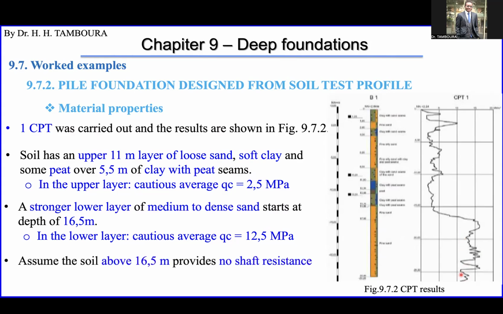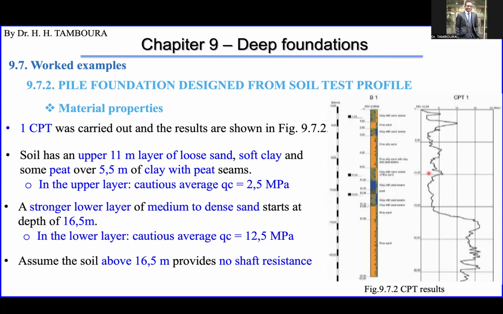As I said, in design, sometimes we don't want to struggle too much. We will just neglect the friction in this upper part of the soil.